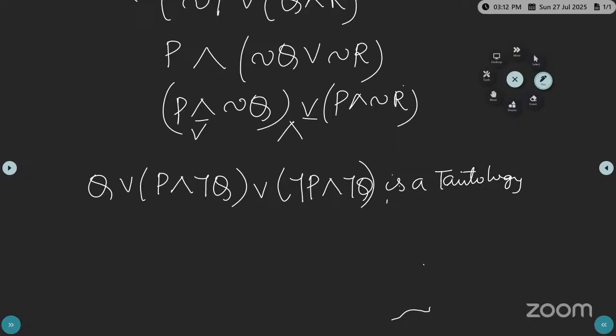Okay, if you want to check it using table, then without using table you do. చేయండి లేకపోతే. Is it a tautology or not? అయిపోయిందా?